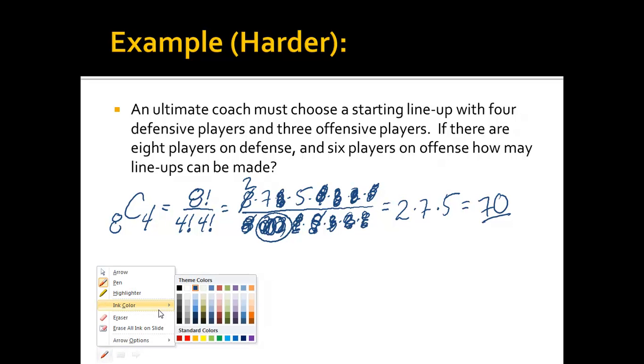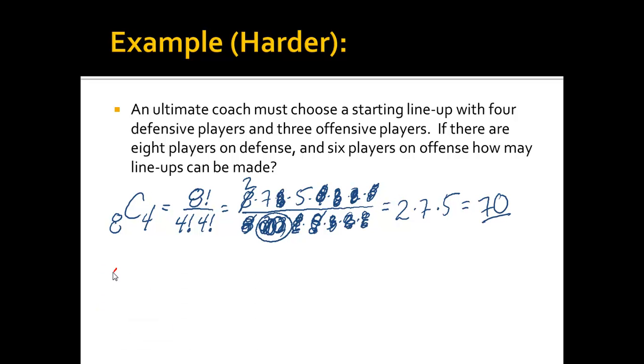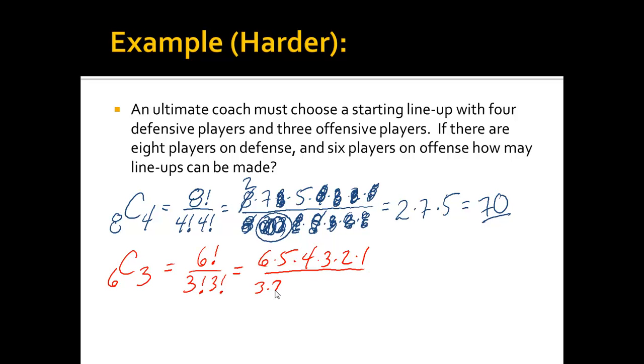Now, I'm going to choose my offensive players. I have 6 of them, and I'm choosing 3. So now I've got 6 factorial over 3 factorial, 3 factorial. And I end up with 6, 5, 4, 3, 2, 1, and 3, 2, 1, 3, 2, 1.